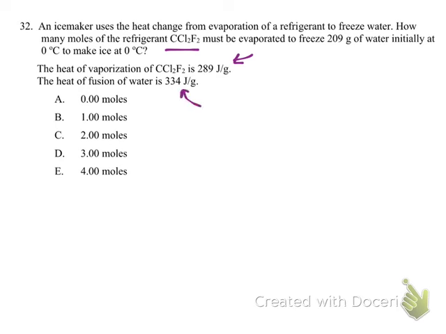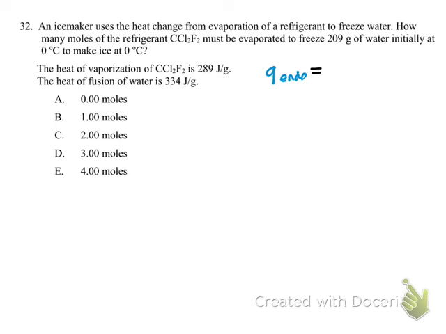So the whole key idea of this problem is when energy is transferred, we're not destroying it. So the energy that goes into one process has to come from somewhere. So the energy of an endothermic process is going to be equal to the magnitude of the corresponding exothermic process, just opposite in sign.